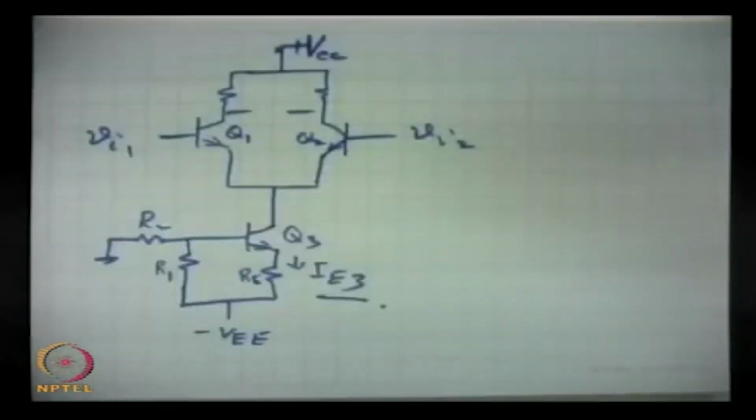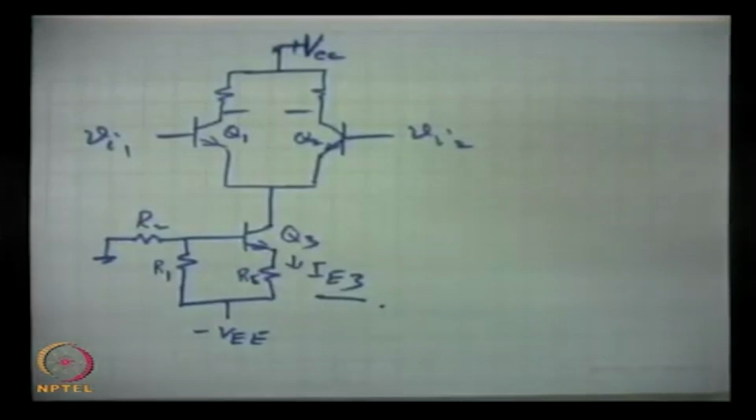So, this we have replaced by a transistor. The transistor collector, which is reverse biased, exhibits a much higher impedance as compared to simple RE.